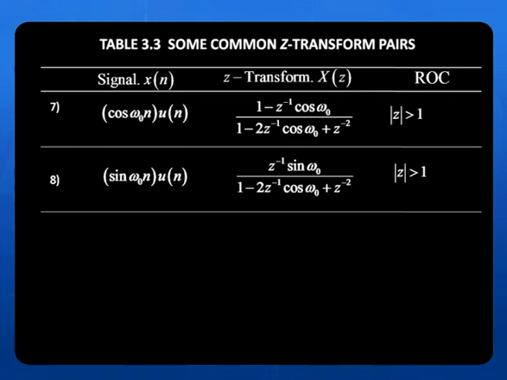Similarly, for the sinusoidal function sin omega naught n u of n, the Z transform will be Z to the power of minus 1 sin omega naught divided by 1 minus 2 Z to the power of minus 1 cos omega naught plus Z to the power of minus 2, where Z is greater than 1. Okay. So you can see this small difference between the Z transform of a cosine function and the Z transform of a sinusoidal function.